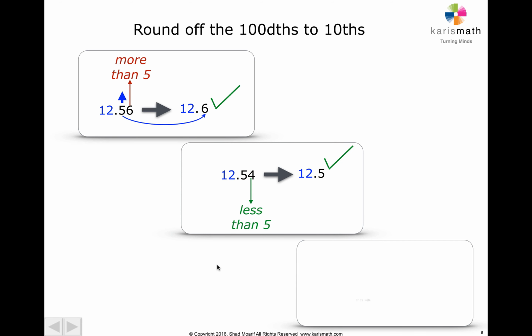So it's 12.5. What about 12.55? This is equal to 5, so we'll assume this rolls all the way. This one will increase because this goes up towards 10. 55 becomes 60, so it becomes 6.60. So it'll be 12.6.